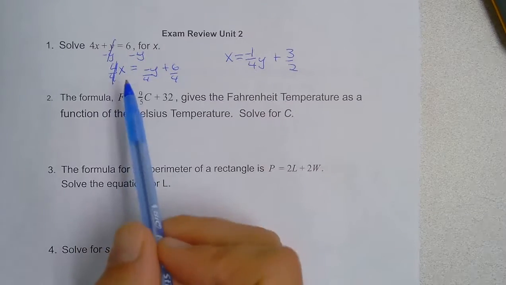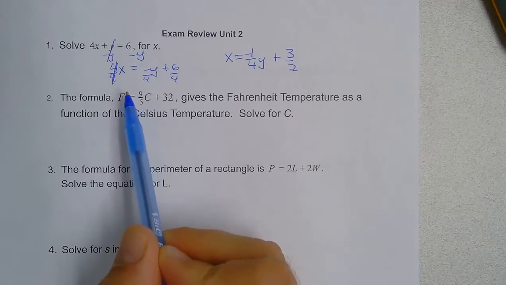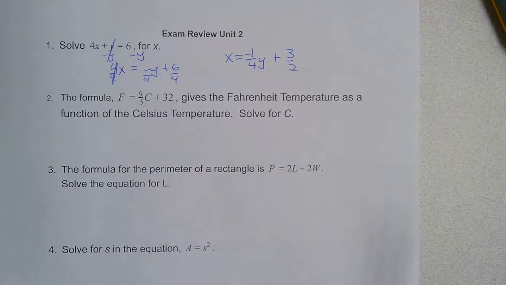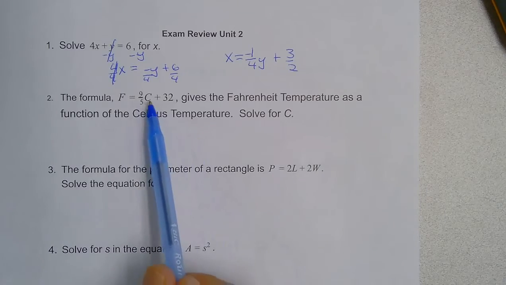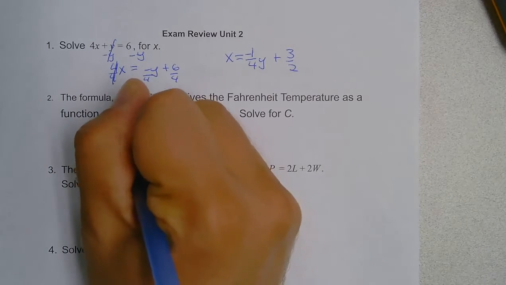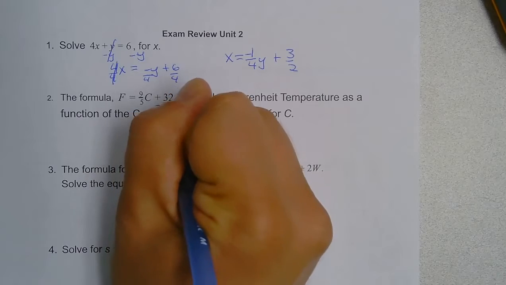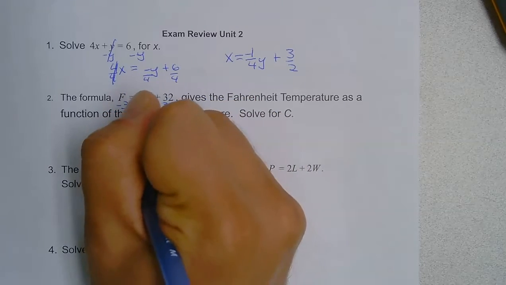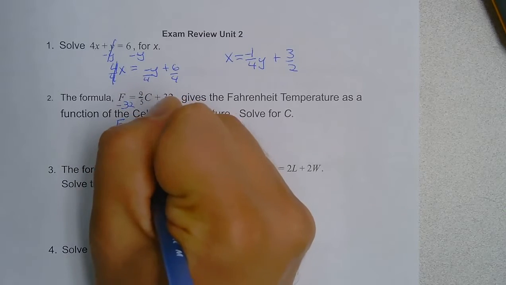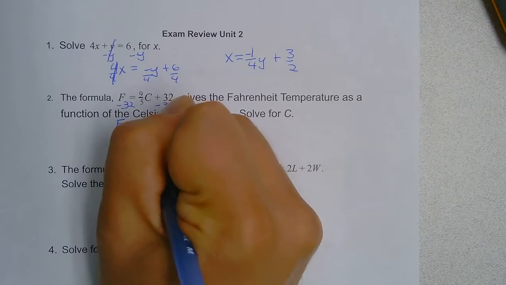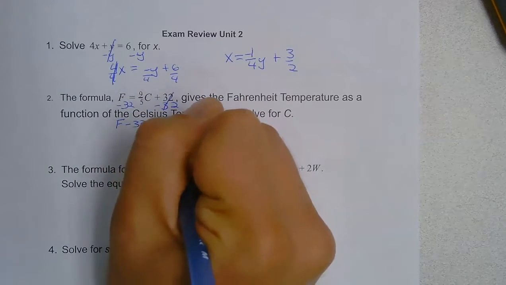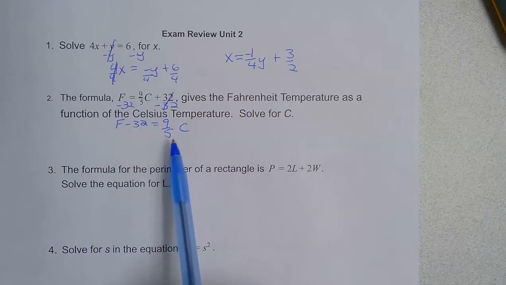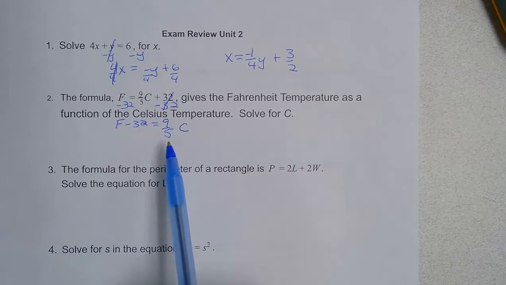Now in this formula, the Fahrenheit temperature is 9/5 times the Celsius temperature plus 32. So we're going to work backwards and solve that for C. So I'm going to write our first step here of subtracting 32. So we have F minus 32 is equal to 9 over 5 times the temperature in degrees Celsius.